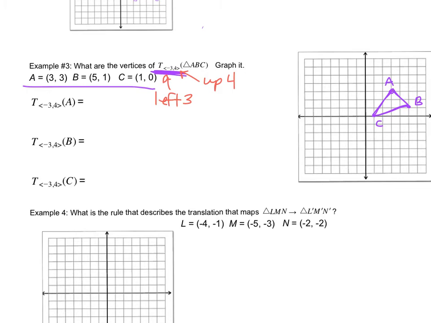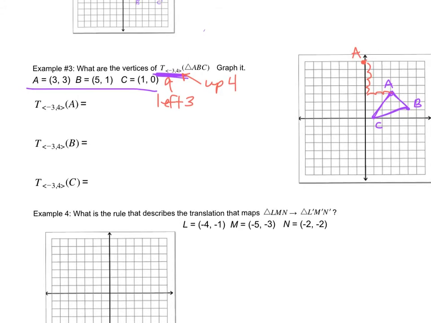I could go from A, 1, 2, 3 to the left, 1, 2, 3, 4 up, and get my A prime right here. And then come over here and say the translation of A is 0, 1, 2, 3, 4, 5, 6, 7. Okay, I could just tell what that point is.